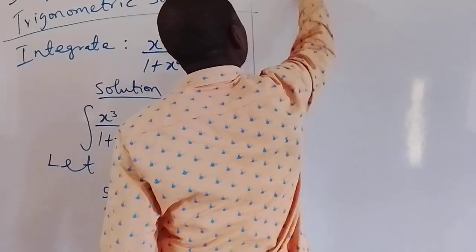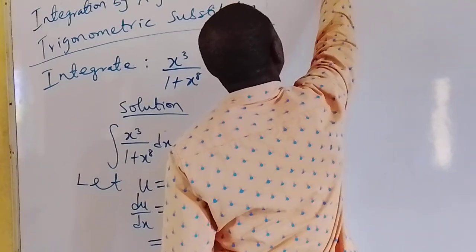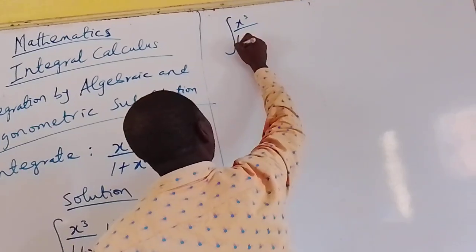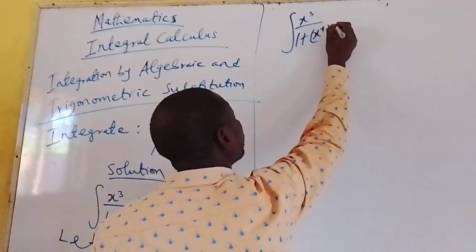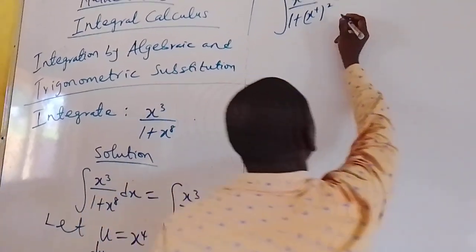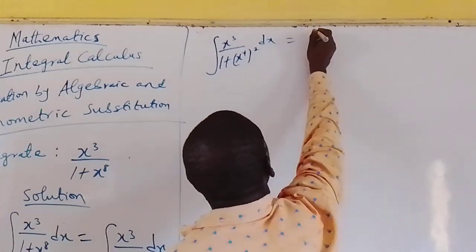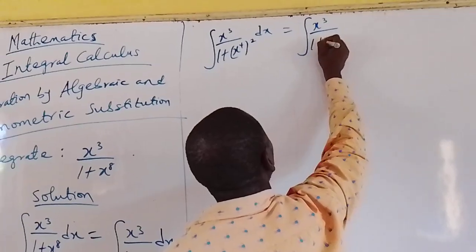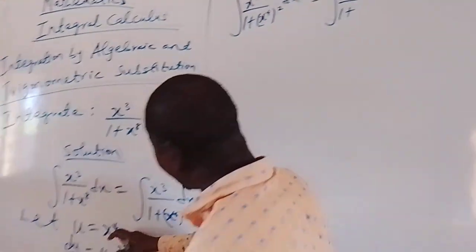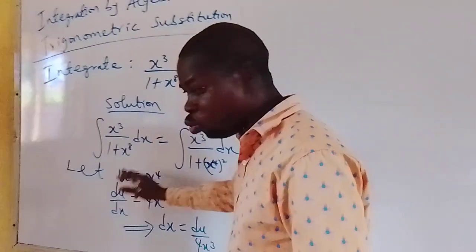I will now say that the integral of x cubed over 1 plus x raised to power 4, all squared, dx, is equal to the integral of x cubed over 1 plus u all squared, because I have represented x raised to power 4 with u.